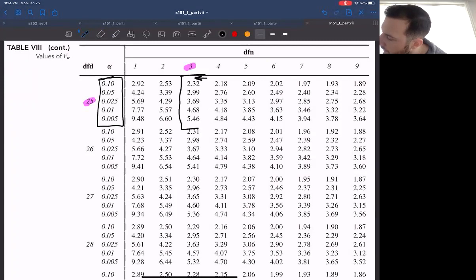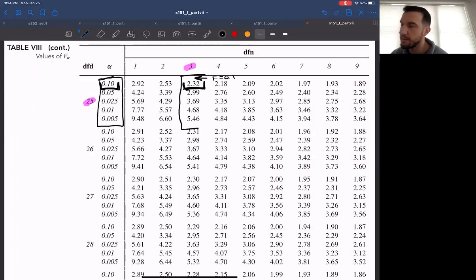Our value is going to sit here, F equals 0.1. Since we are smaller than the smallest F value that's given here, that means that our area to the right must be larger than the largest alpha value given here.